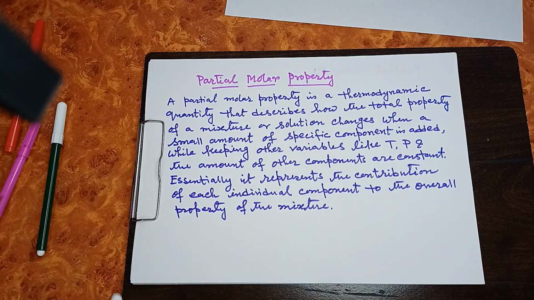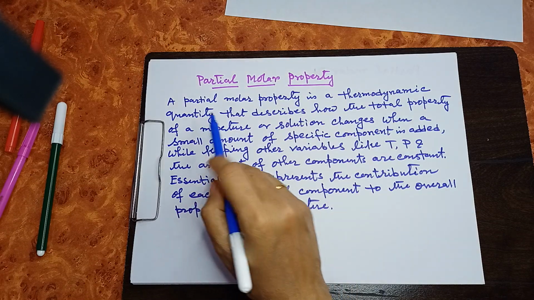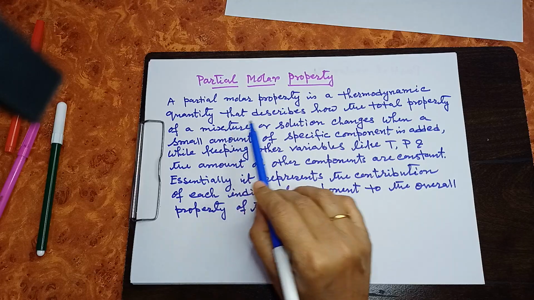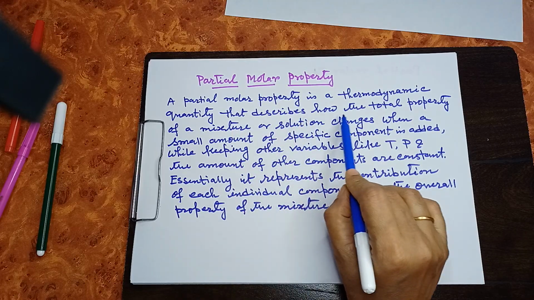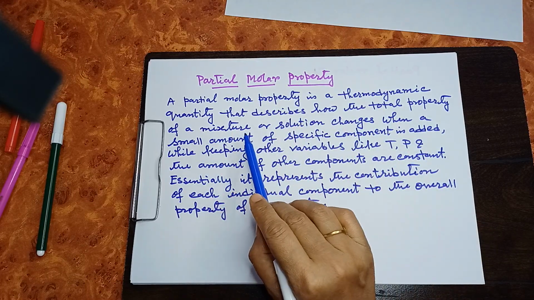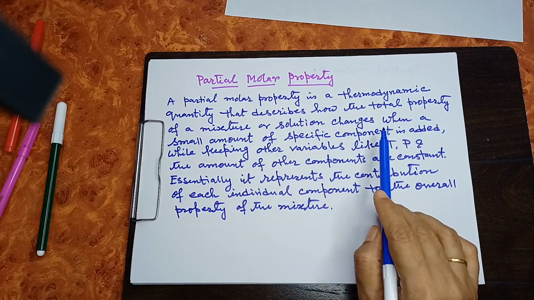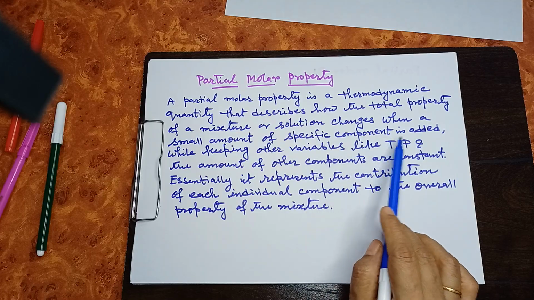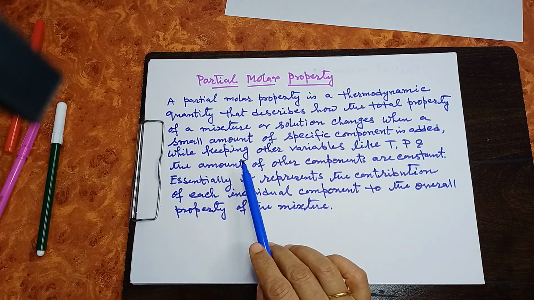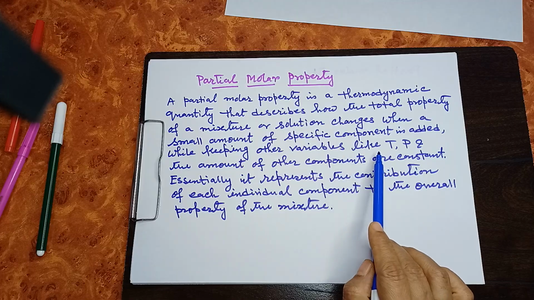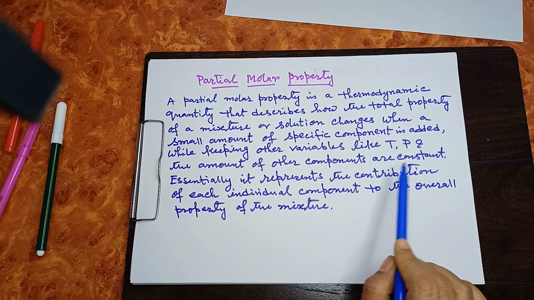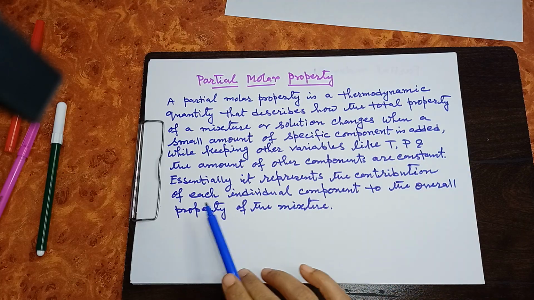Partial molar property. A partial molar property is a thermodynamic quantity that describes how the total property of a mixture or solution changes when a small amount of a specific component is added, while keeping other variables like temperature, pressure, and the amount of other components constant.